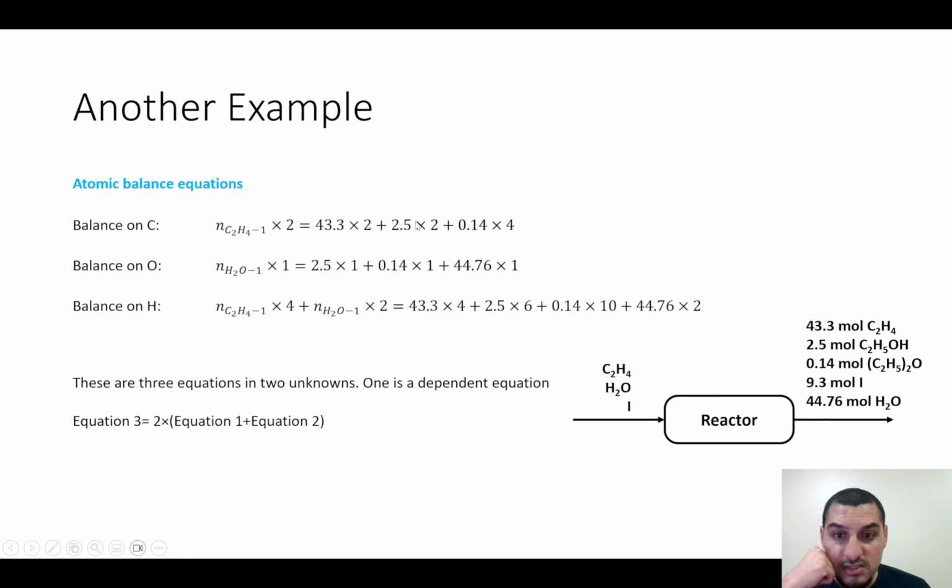If you add these two together, then multiply them by 2, it's 3. 2 plus 1 is 3, times 2 is 6. 0.14 is 4 plus 1 is 5, times 2 is 10, and 44.76 times 1 times 2 is this. So it's 2 times equation 1 plus equation 2 is going to give us equation number 3. So again, we're getting the same result.